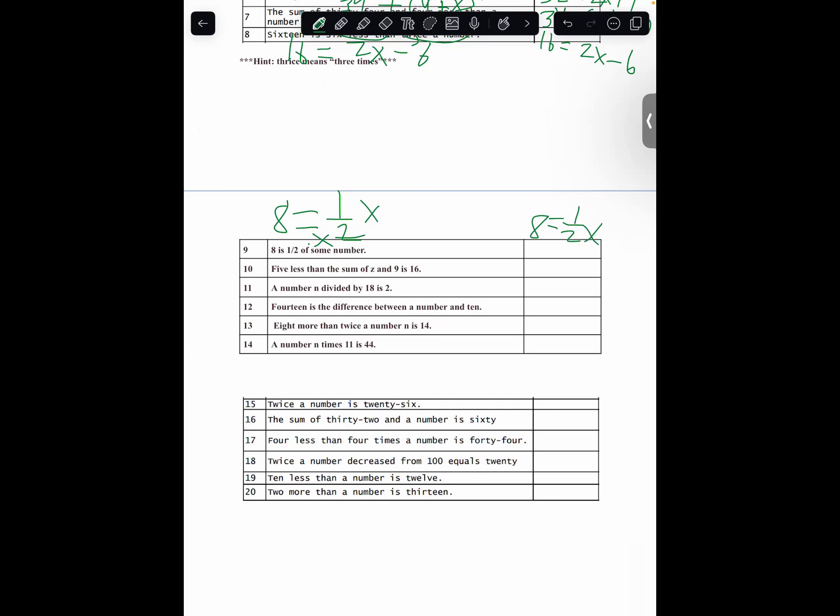5 less than the sum of z and 9 is 16. So equals 16. So 5 less than the sum of z and 9. So the sum of z and 9 would be z plus 9. Then 5 less than that means minus 5.